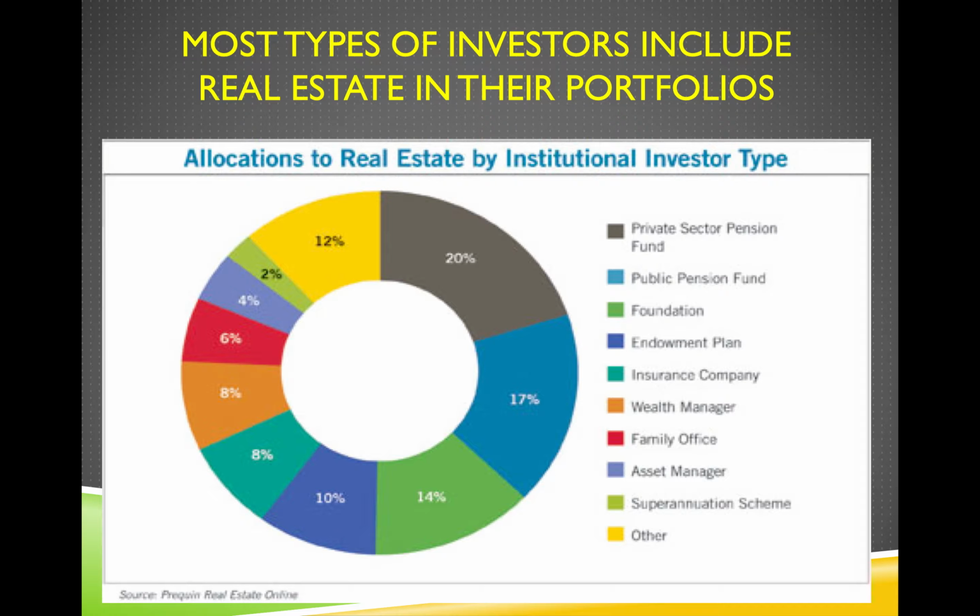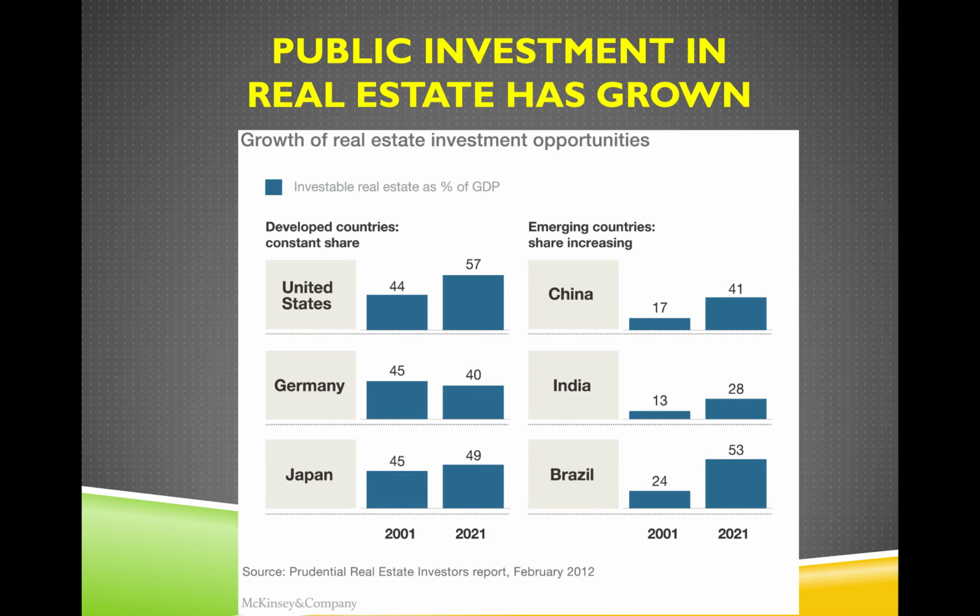Most types of investors have some type of real estate allocation in their portfolio, other than just home ownership. Pension plans, both public and private, foundations, endowment plans, and insurance companies, as you would expect, a lot of them own real estate in their portfolio. Public investment in real estate has grown over the years.